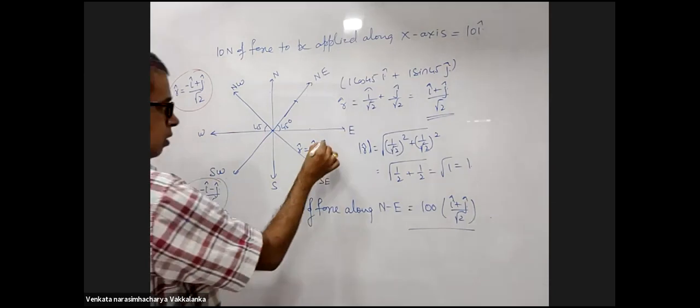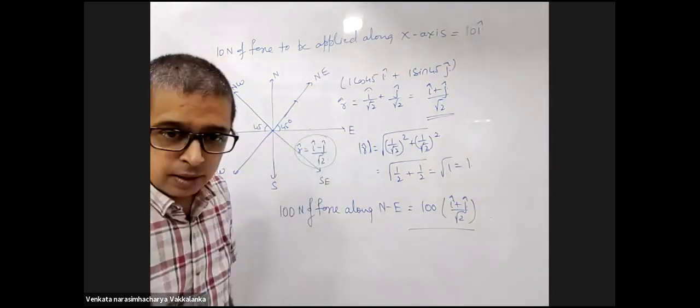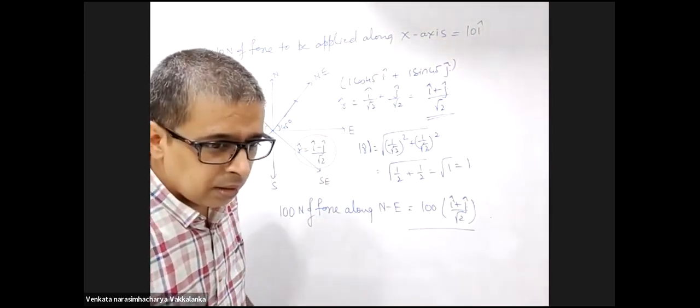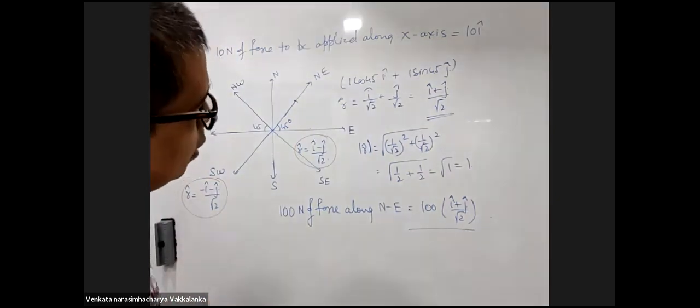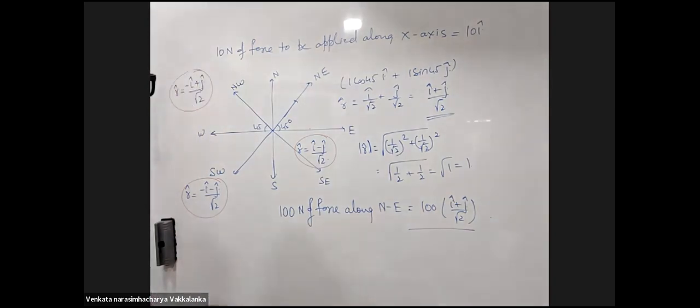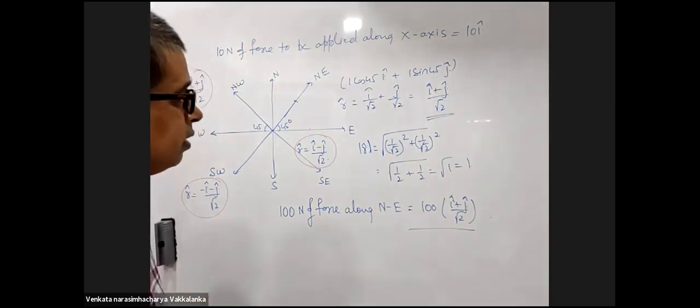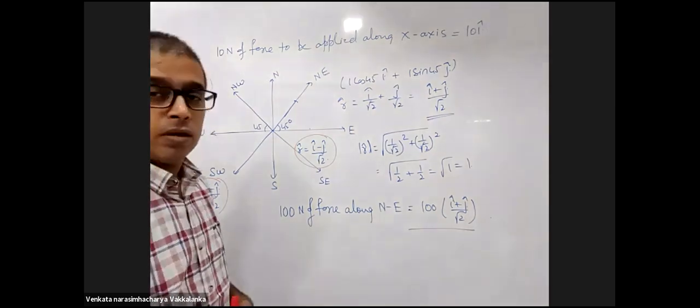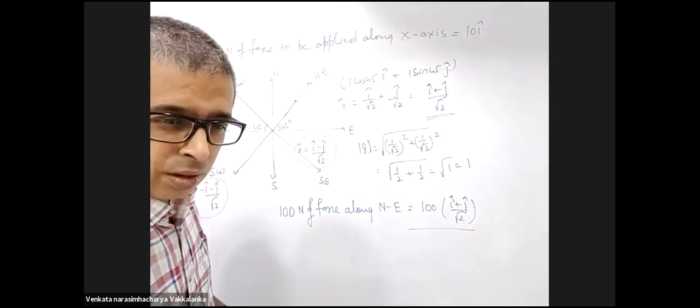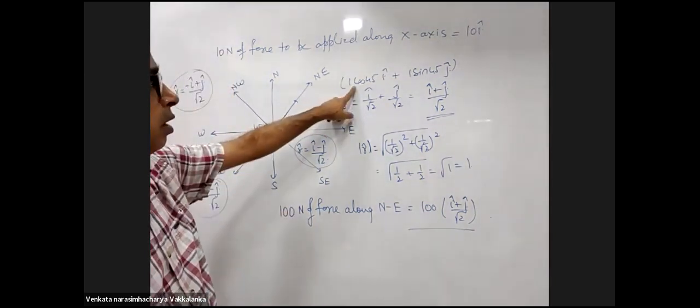Why is the value of A taken as 1 in the sum? A? Where is A here? Sir, A sin theta, A cos theta. Sir, he is referring to the first step where you have written 1 cos 45.